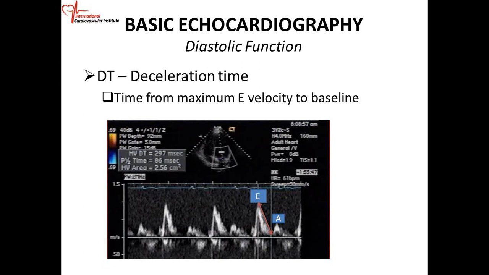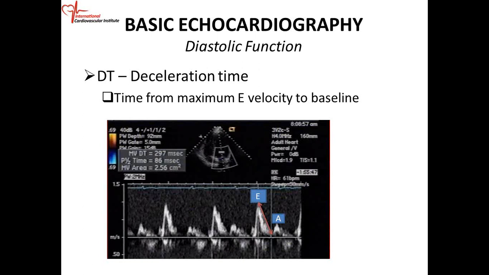So if they give you deceleration time in those scenarios, you have to convert it to pressure half time. In a lot of what we do in echo, we use pressure half time. So you have to convert your deceleration time into pressure half time.